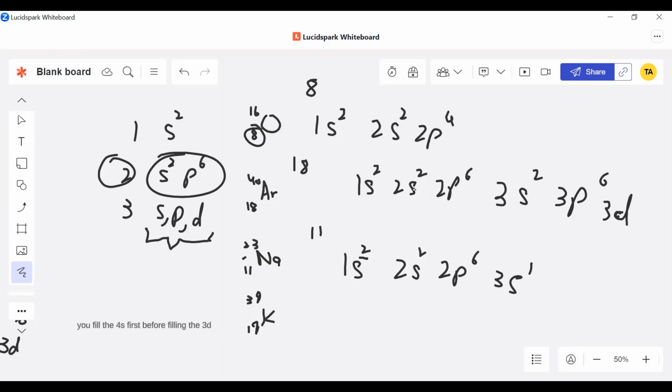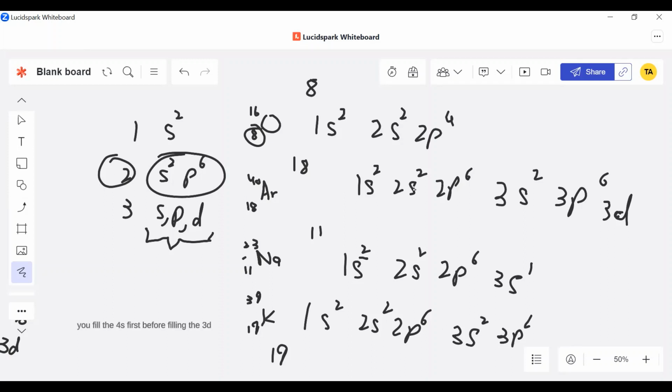So now moving on to potassium. Potassium has 19 electrons, right? So I write 19 and I start filling the configuration 1s2, and then I write 2s2, 2p6. I'm done with 10 electrons. There is 9 left. So I write 3s2 and then 3p6.